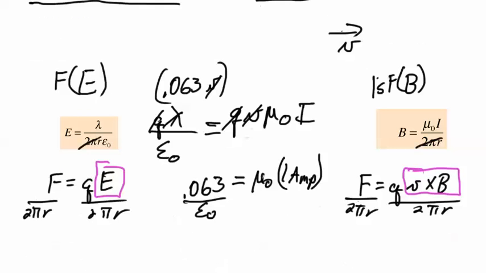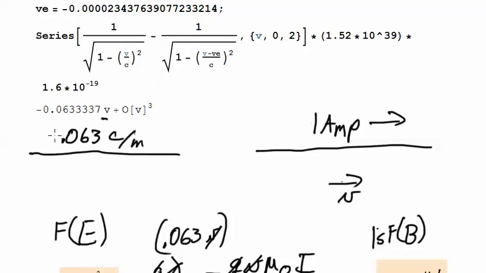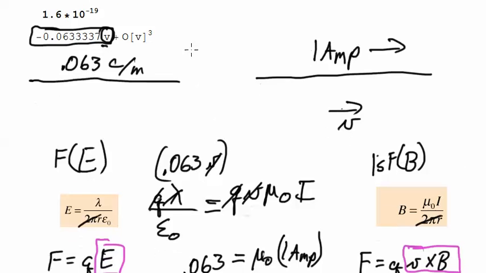Well, the good news is that I did get a linear charge density that is directly proportional to velocity here. So the force should also be directly proportional to the velocity.